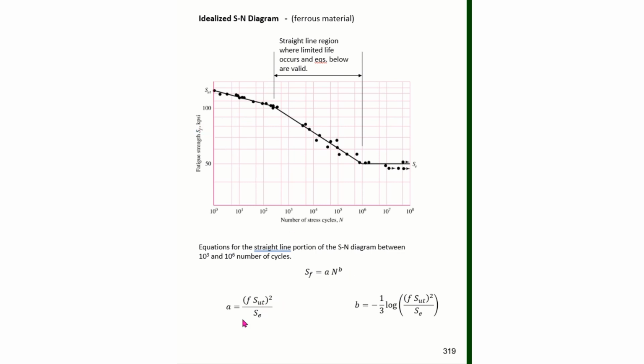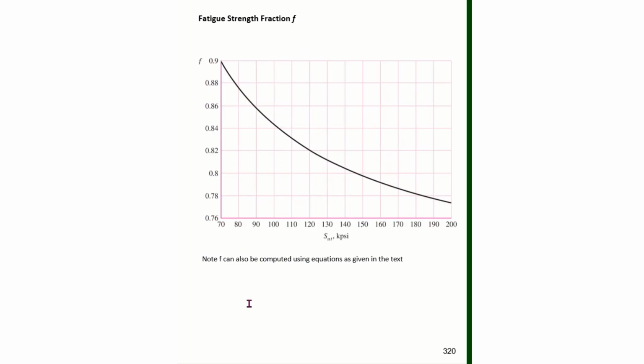A and B are given by these two equations. A is equal to script F SUT squared over SE. The SUT is the ultimate strength of the material. SE is the endurance limit of the material. This F is called the fatigue strength factor and comes from this table here.